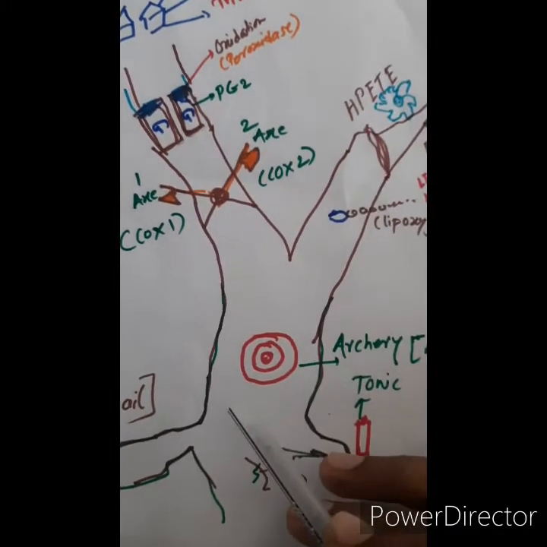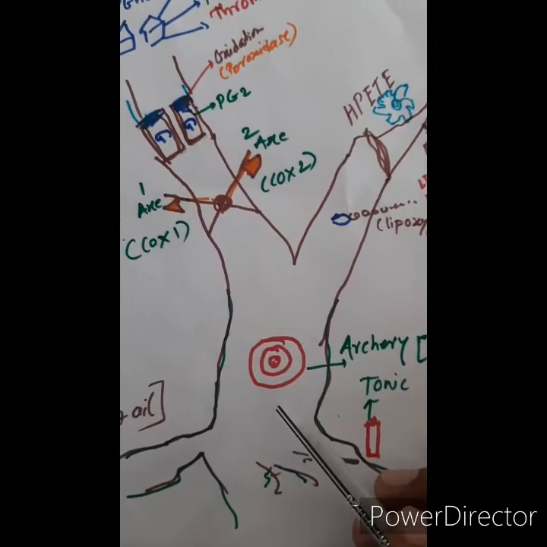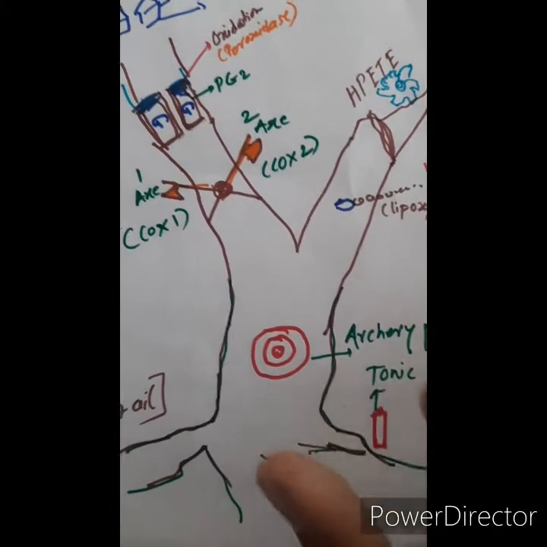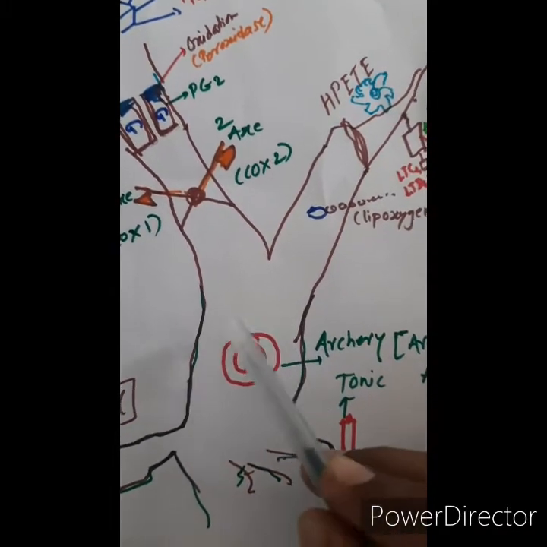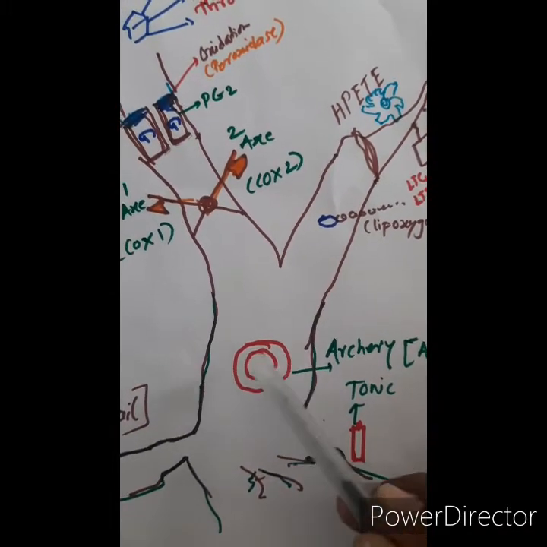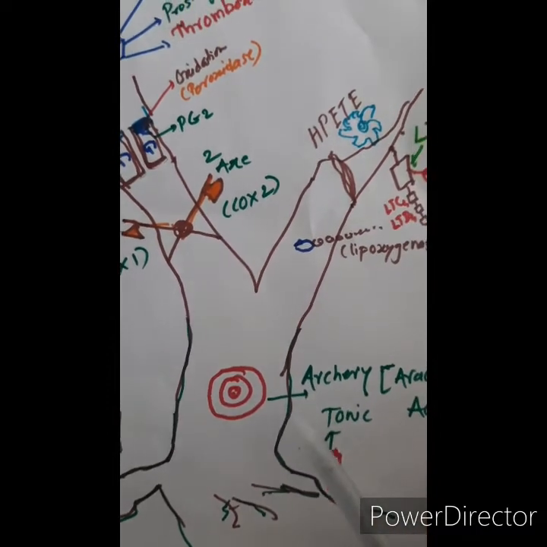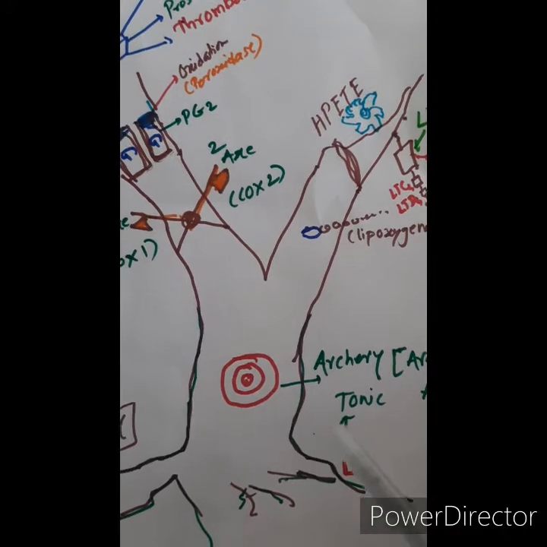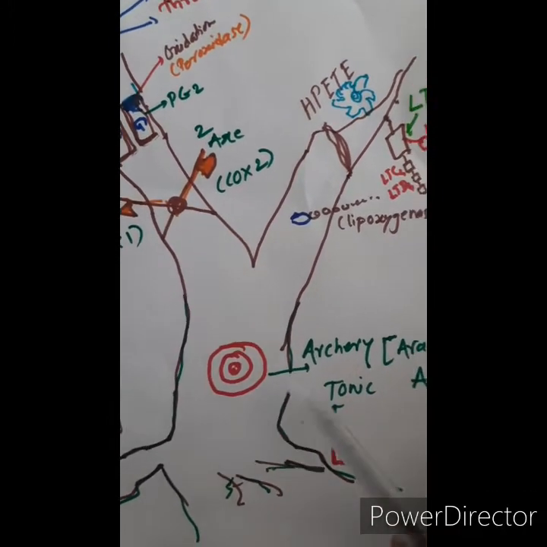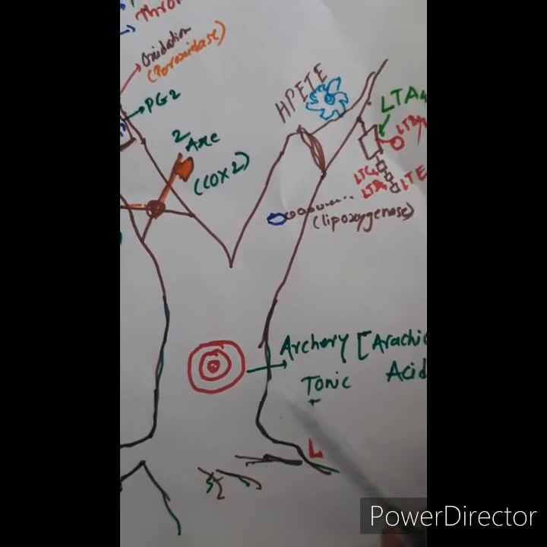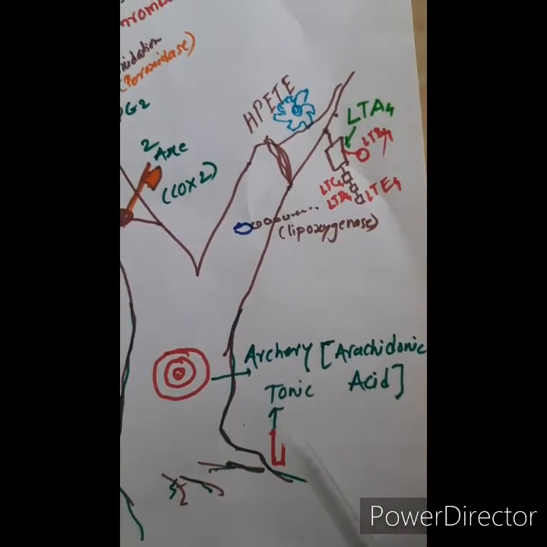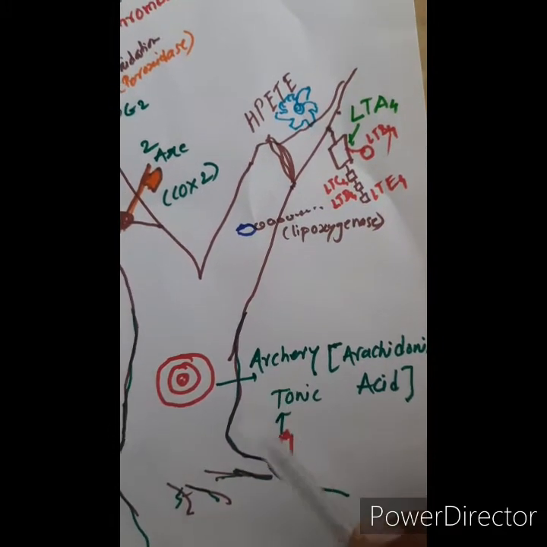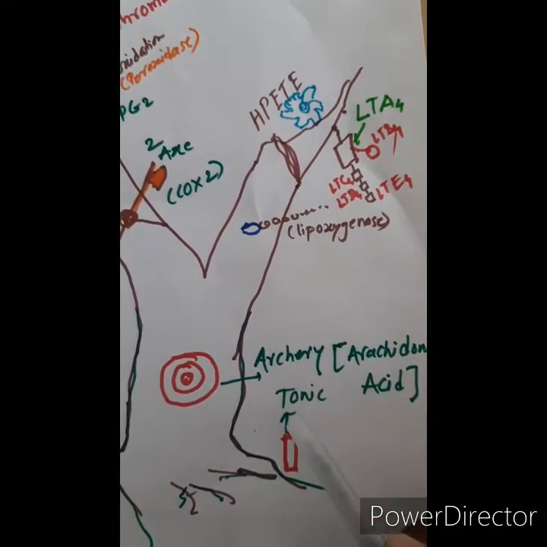If you see this tree, the first stem has a sign used for archery practice, for hitting arrows, and somebody is practicing there. So this is archery, meaning araki, and there is a tonic kept. That person kept a tonic also there.